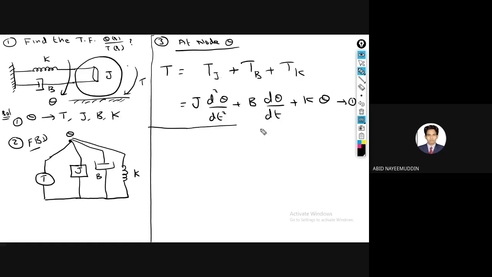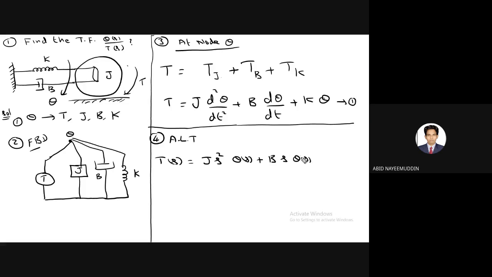Now the next steps are to apply Laplace transformation and rearrange the terms. So the fourth step is applying Laplace transformation. Then you will get T of s is equal to J s square theta of s plus B s theta of s plus K theta of s.